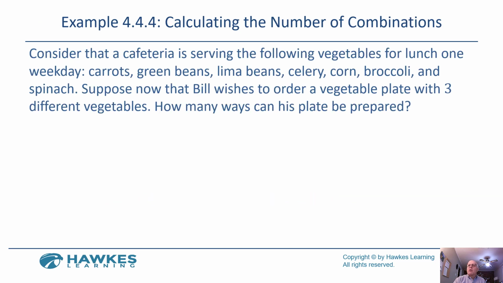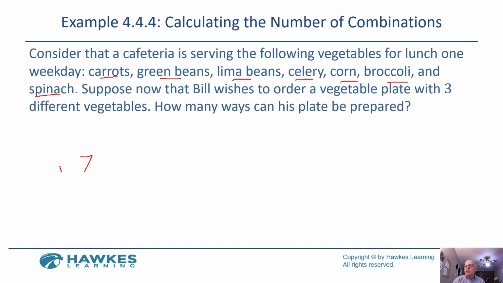Next, we're going to the cafeteria. Does this make you hungry? Well, I'm not sure if it makes you hungry for carrots, green beans, lima beans, celery, corn, broccoli, and spinach. But we know one thing. We're going to have to figure out how many there are. So 1, 2, 3, 4, 5, 6, 7 different vegetables.